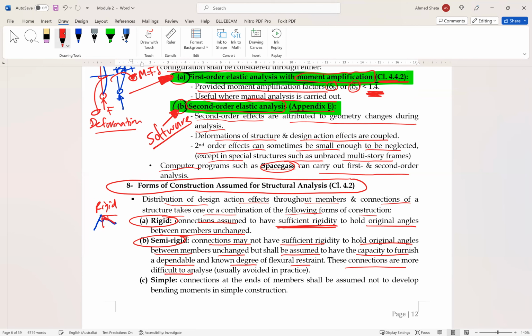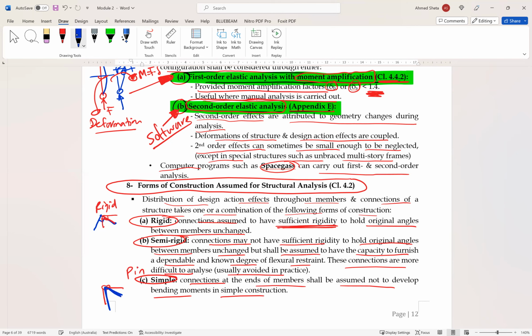The third one is simple or pin. Connections at the ends of members shall be assumed not to develop moments in simple construction. So in this type of connection, the angle doesn't have to remain unchanged after the loading.